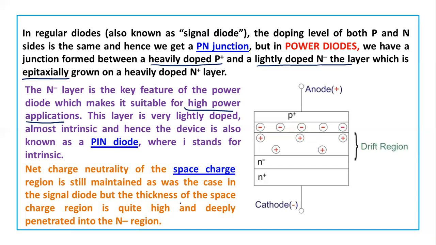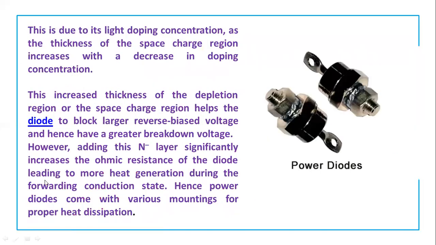But the thickness of the space charge region, or the depletion region, is quite high and deeply penetrated into the N region. That's the case of the PIN diode. Now, why does this happen? Due to the light doping concentration, as the thickness of the space charge region increases with a decrease in the doping concentration.